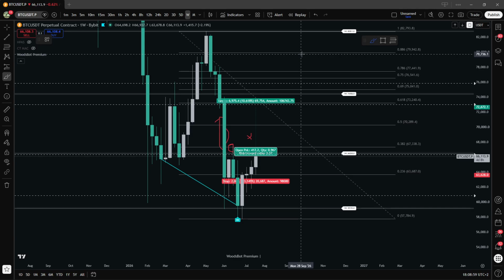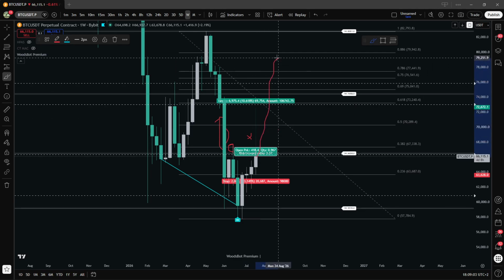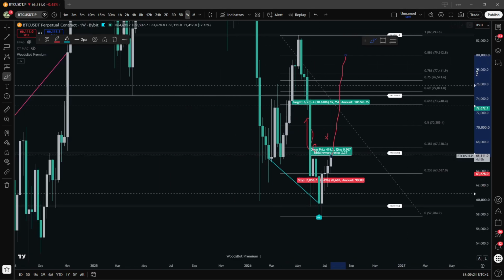So Bitcoin can pump quite a lot. It can basically pump all the way to 79k and still be bearish on the higher time frame, which is kind of crazy, you know. Like it's kind of crazy that Bitcoin can pump this much without becoming properly bullish, you know.